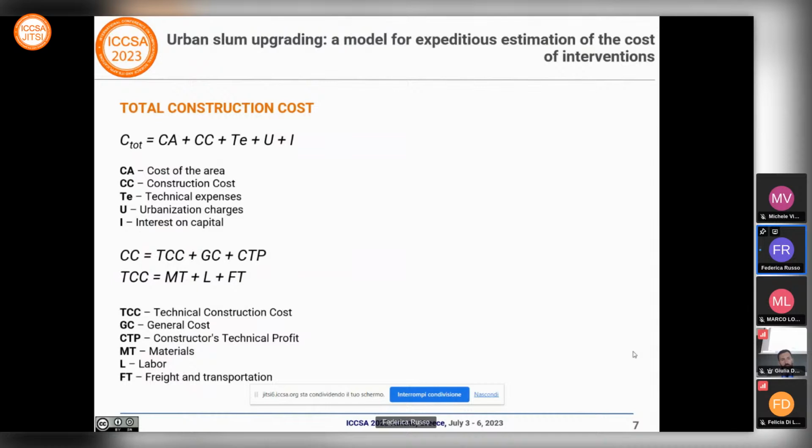The total construction cost borne by the developer of the intervention is given by the sum of the cost of the expropriation allowance of the area, the cost of construction, the technical expenses, the urbanization charges, and the interest on the financial capital. The construction cost incurred by the construction company, in turn, is given by the sum of technical construction costs, which include the cost of labor, materials, and freight and transportation, general expenses, and the bidder's profits.